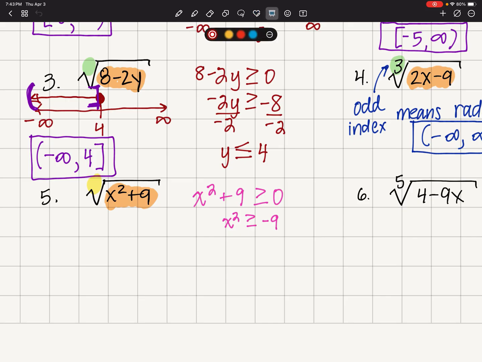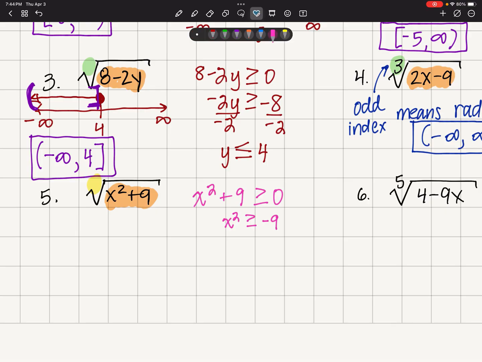Well, if I take a positive number and I square it, I'm going to get a positive. A positive is greater than negative 9. If I take a 0 and I square it, 0 is greater than negative 9. Heck, if I take a negative number and I square it, a negative number times itself is positive, and positives are greater than negative 9.